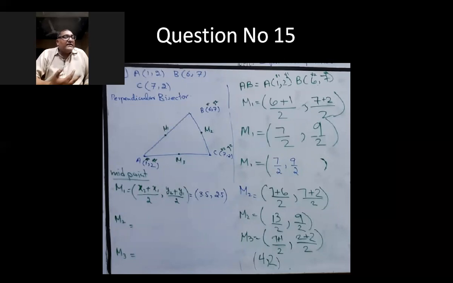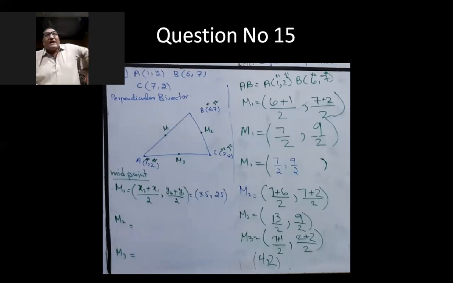Find the equations of the perpendicular bisectors of the side AB and the side BC. What's the meaning of the perpendicular bisector?